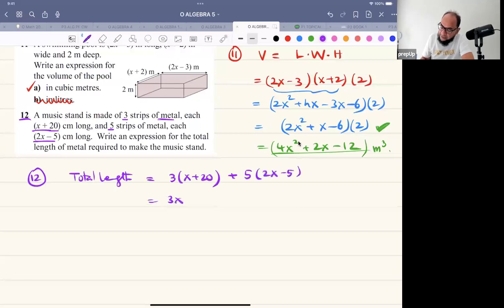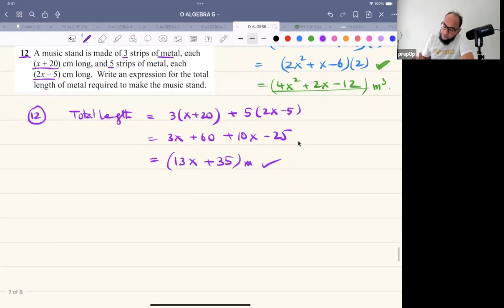That is 3x plus 60 plus 10x minus 25. 3 plus 10, that is 13x, and this comes out to be 35. The unit is meters.